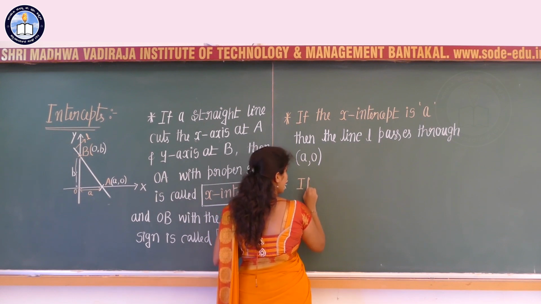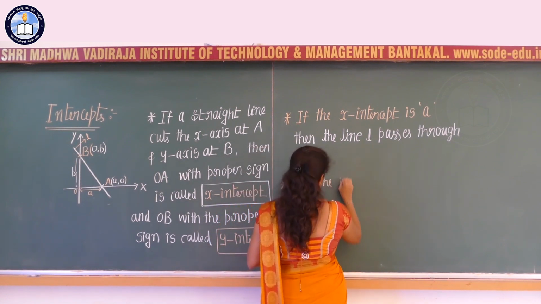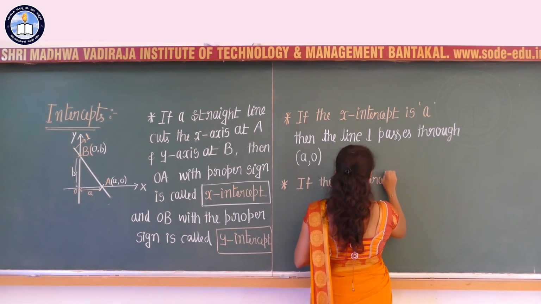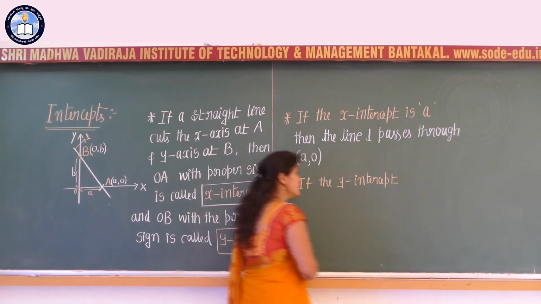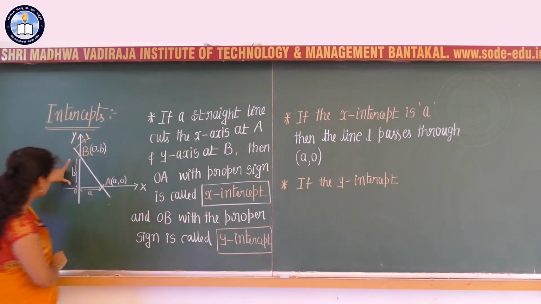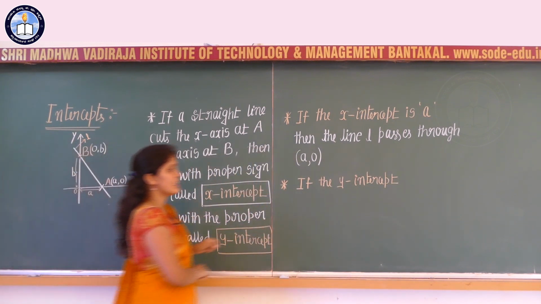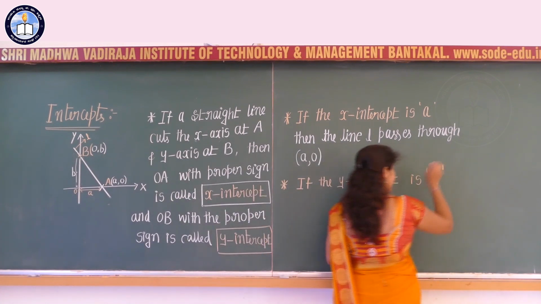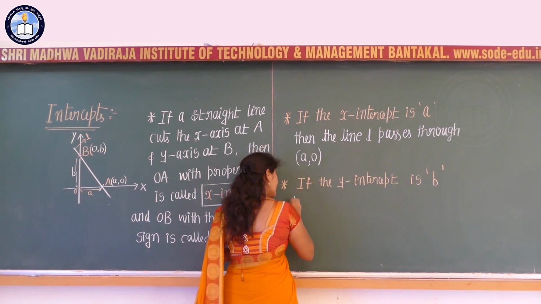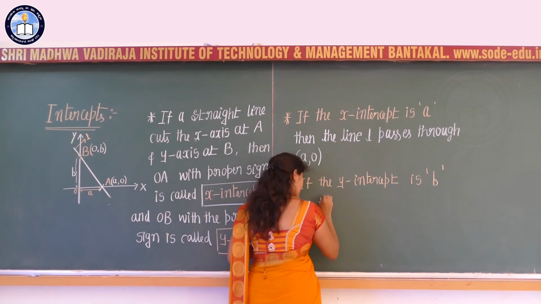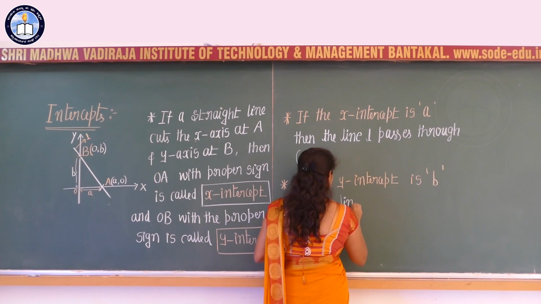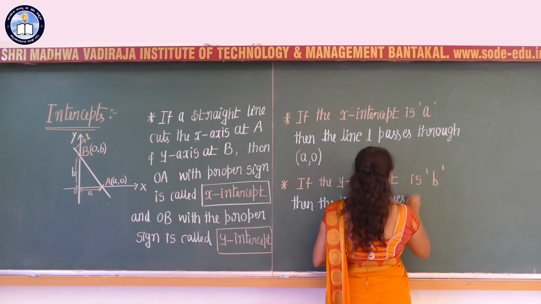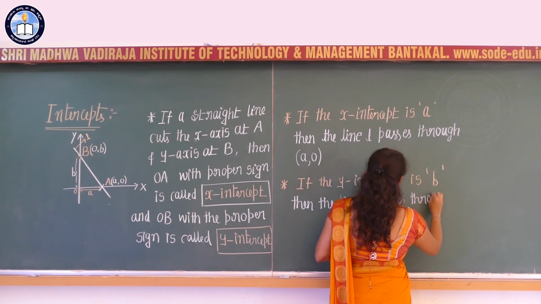So, what is the y-intercept with respect to our diagram now? If the y-intercept is B, then the line L passes through which point?